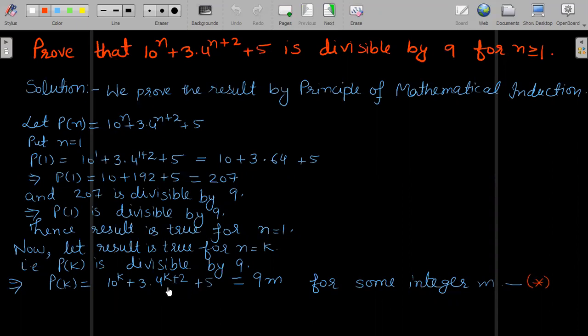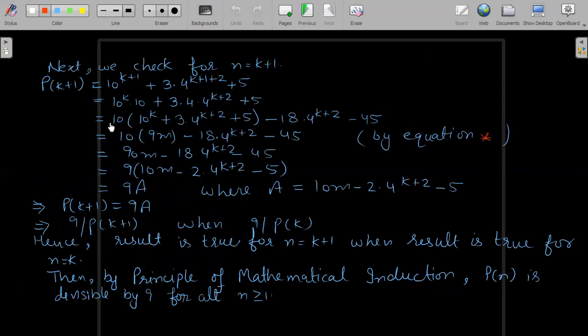So we need 3·4^(k+2), and we keep 4^(k+2) and 3·4 separately, plus 5.